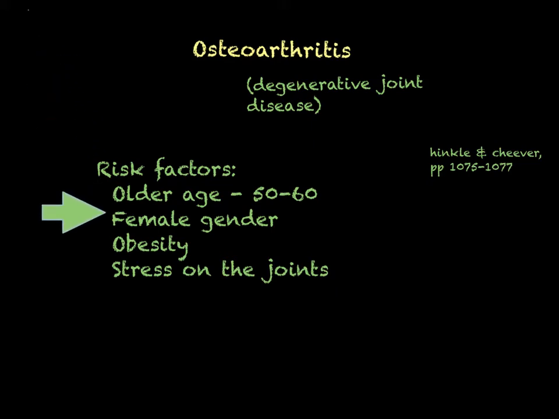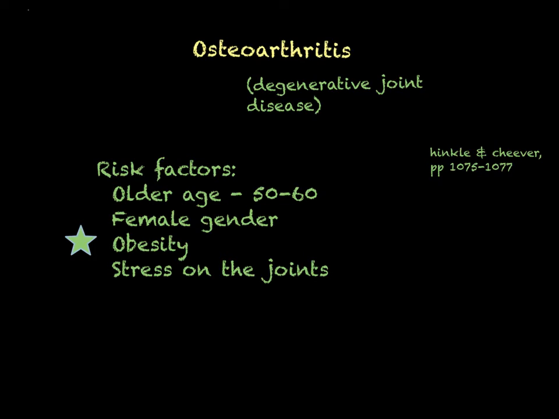I'm going to put a star on obesity because obesity is one of the major modifiable risk factors for osteoarthritis. And often losing weight will improve symptoms. And if changes are occurring early, it can really prevent the onset of symptoms.